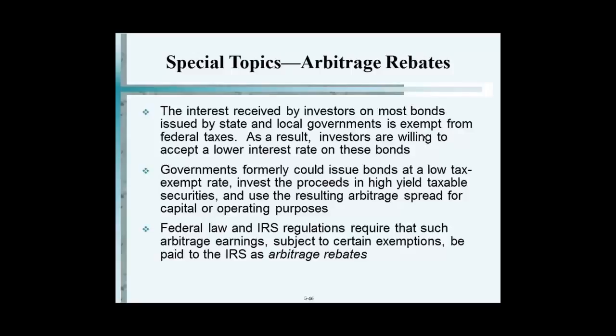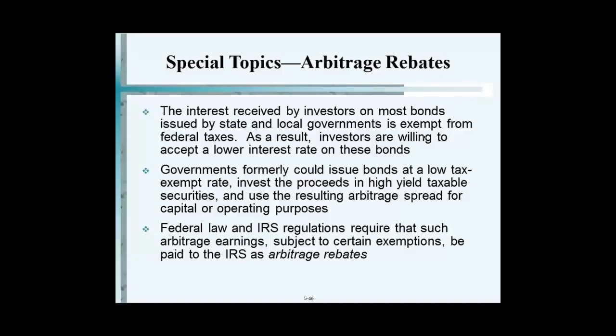Just keep on borrowing. You borrow money at 1%, invest it at 2 or 3%, and you can do this forever. Does the federal government like that? No. And that's called arbitrage rebate. The difference between what you're borrowing and what you're investing.